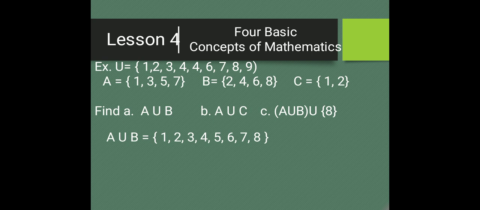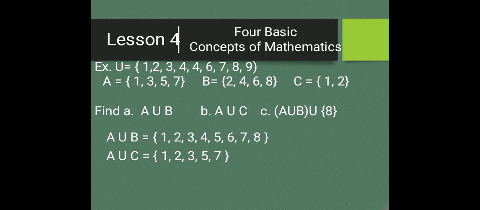Again, lista lahat ng element na andyan kay A at andyan kay B, tapos isang beses lang isulat yung mga duplicates. Okay? Okay, now, for letter B, find the union of A and C. So we have this one, the union of A and C. Okay, set A contains 1, 3, 5, and 7.